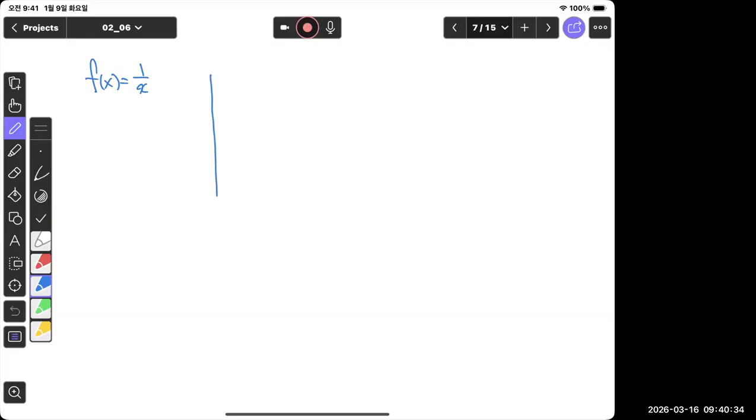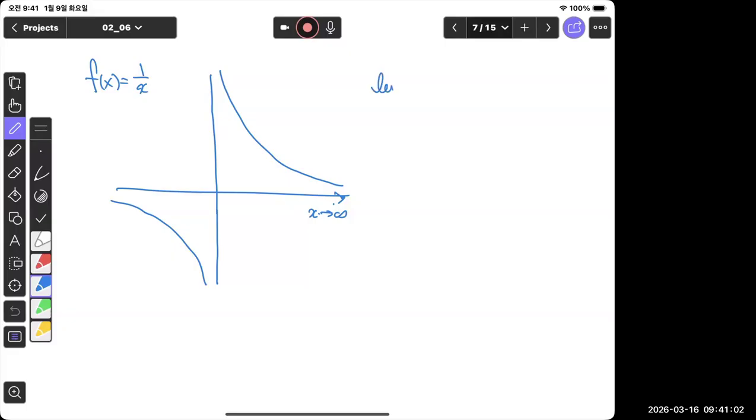If we draw the graph of this function, as x approaches infinity, meaning as x goes to the right, the values of the function decrease to 0, and all the values are approaching the value 0. So in this case, the limit of 1 over x as x goes to infinity will be 0.